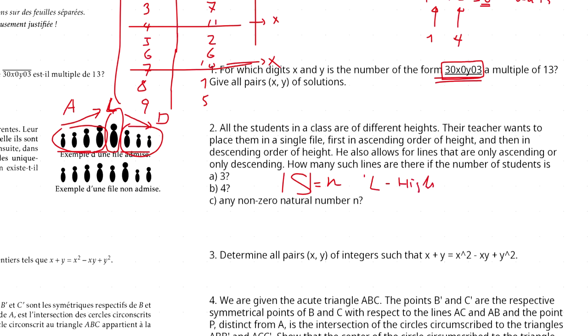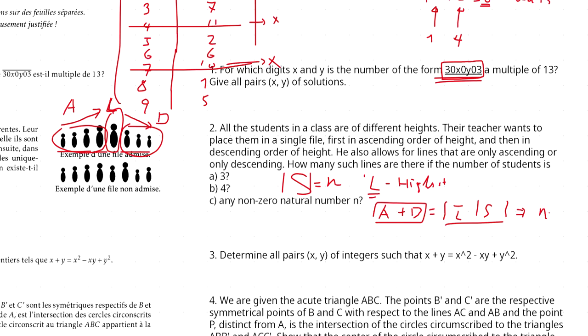And we know for the rest, A and D, right? A and D belong to a set where all the elements come from S, but not L. So A plus D is a set coming from S, but not equal to L. So no L, but all the others belong to the set A plus D. So that means here it has n minus 1 elements.